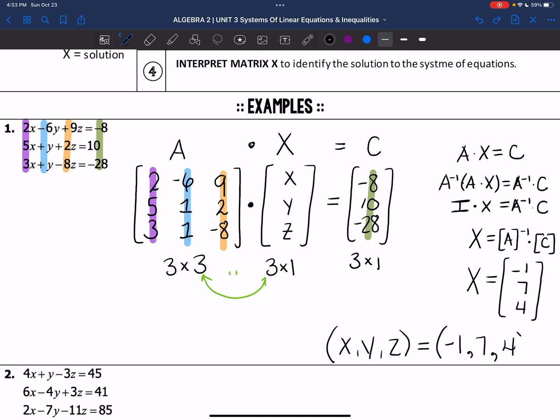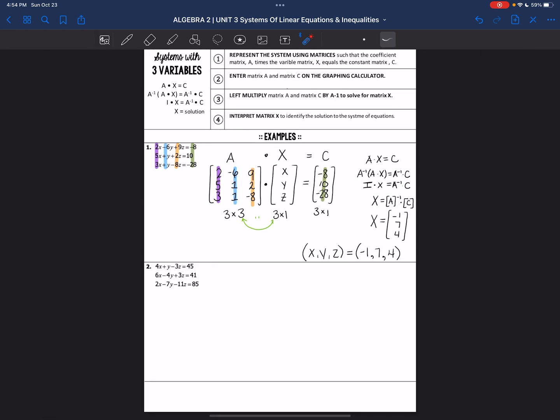That is the point where those three equations in this three-dimensional plane are going to cross. This is the value where each of them is true. So that is interpreting our matrix in order to solve our system of equations.